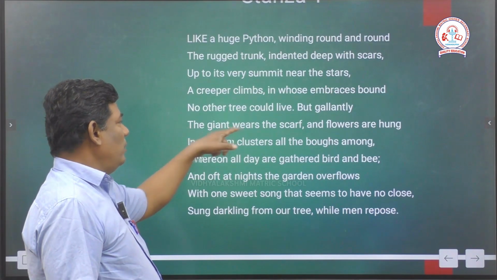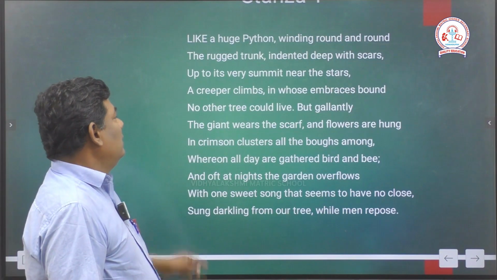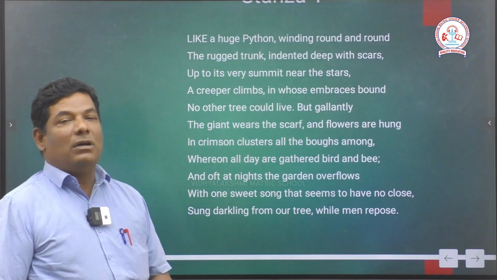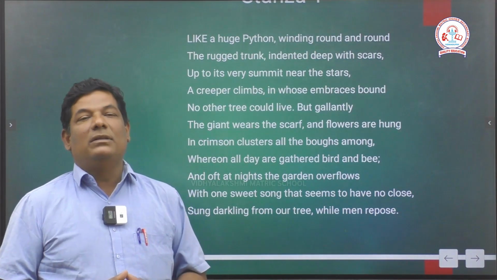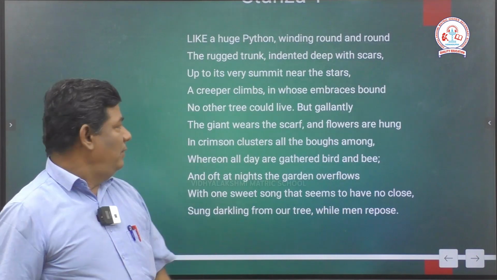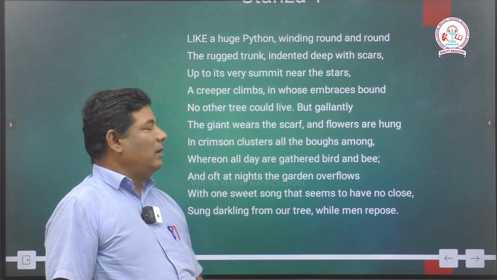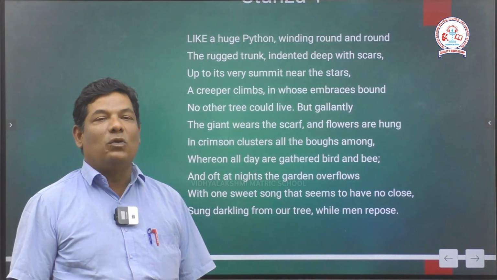The giant wears the scarf. Again, the poet compares the tree to a giant wearing a scarf. When you look at the tree from a distance, it appears that a woman is wearing a scarf, with so many flowers hanging in crimson clusters. Clusters means groups.